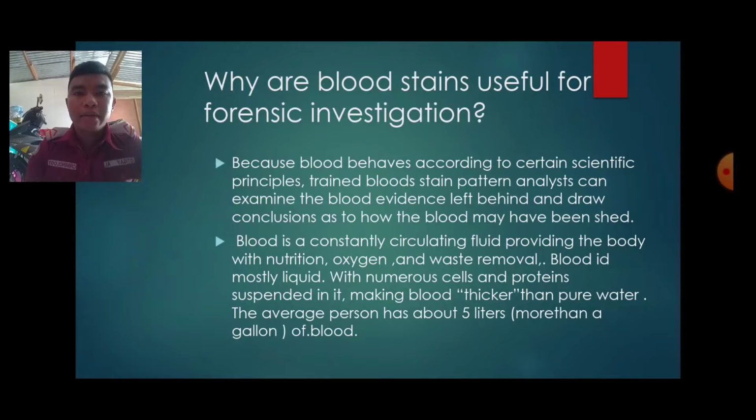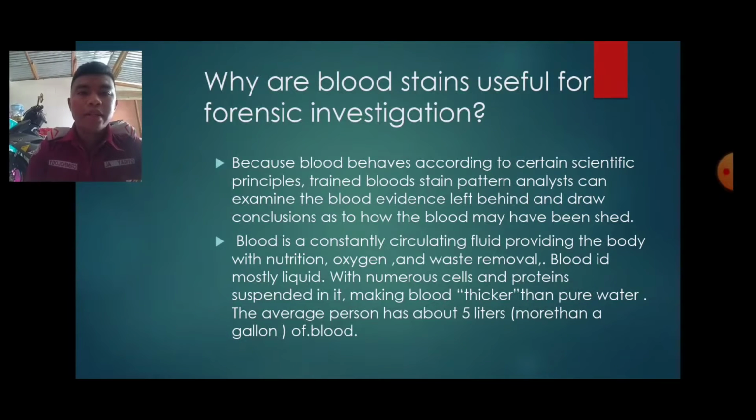the body with nutrition, oxygen, and waste removal. Blood is a liquid with numerous cells and proteins suspended in it, making blood thicker than pure water.